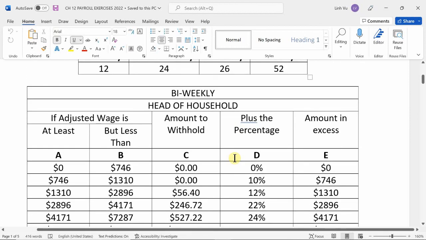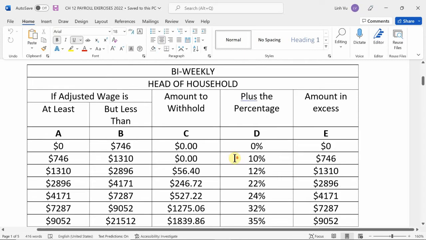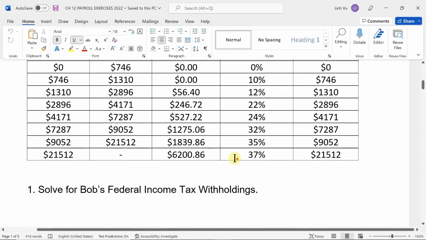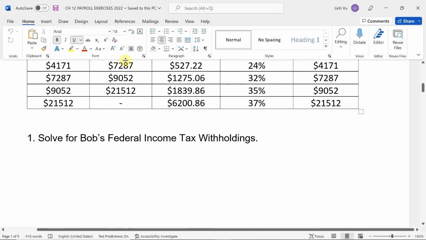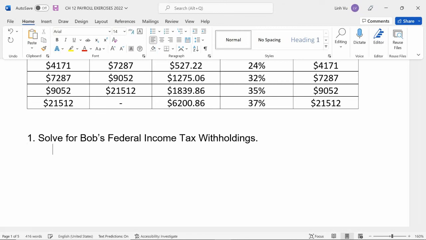So here's the bi-weekly table for head of household. First things first is Bob's federal income tax withholding. Step 1 is to determine how much gross pay Bob earns.